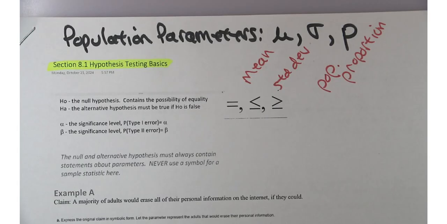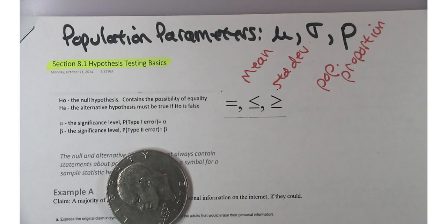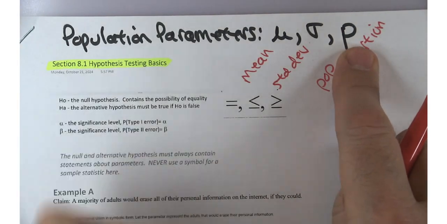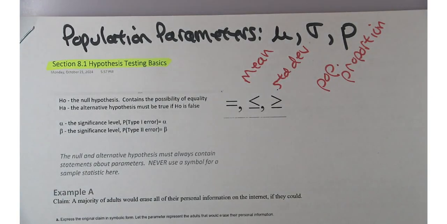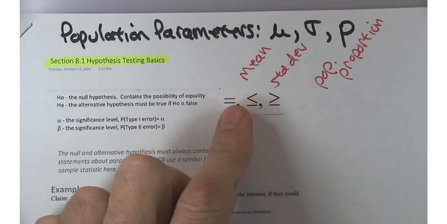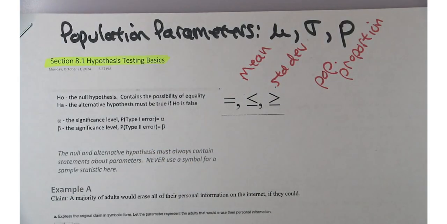Now in our first example, my flipping the coin example, we'd be testing a claim about a population proportion, the proportion of times that you could end up with a head. Other circumstances might mean a mean or standard deviation. These are all going to be different sections in this chapter.